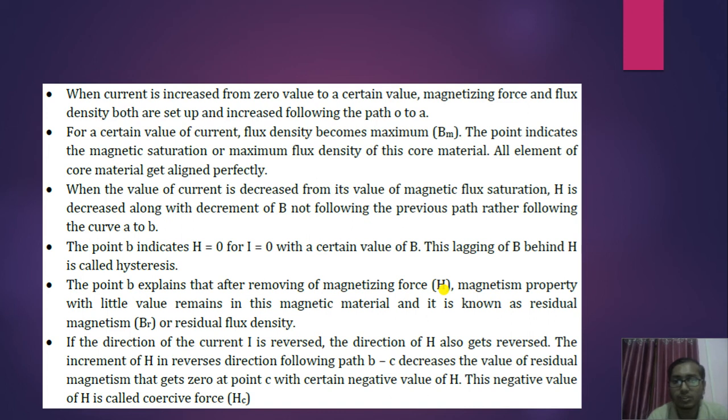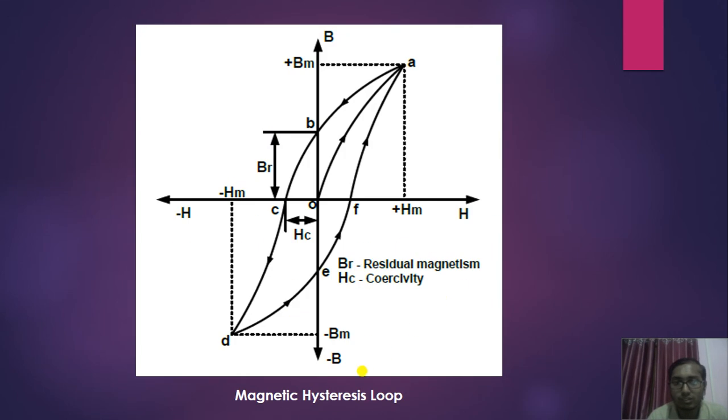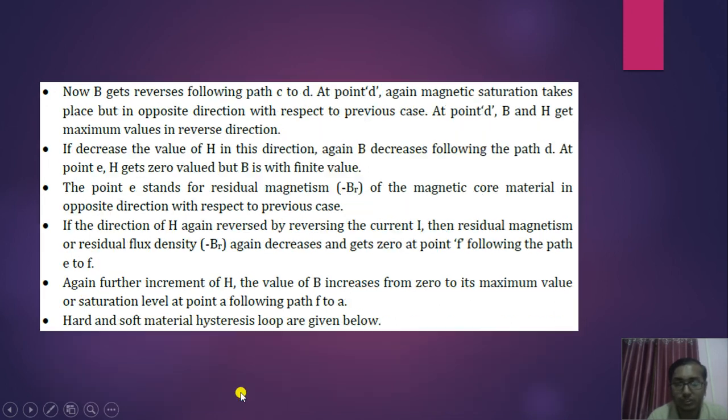The increment of H in the reverse direction follows the path BC. See here, following the path BC, the amount of magnetizing force required to make this flux density 0 is called coercive force. So this H is called coercive force.